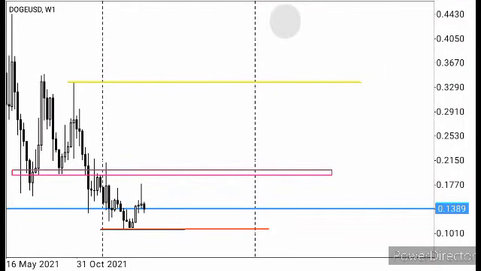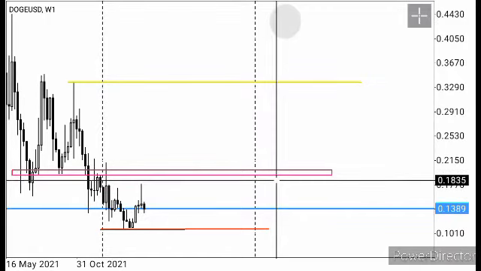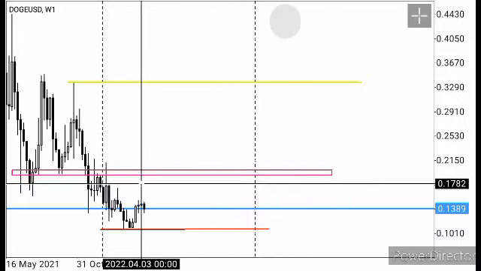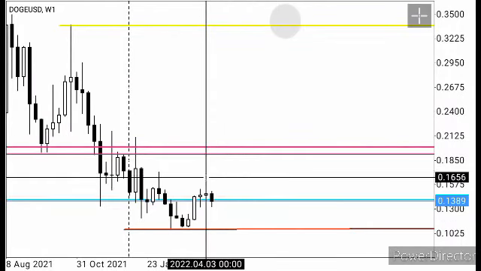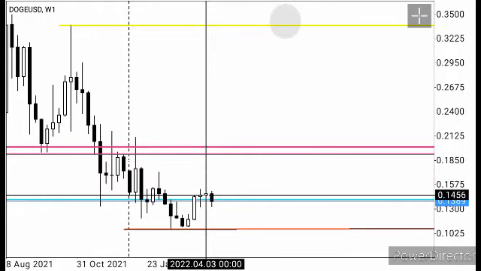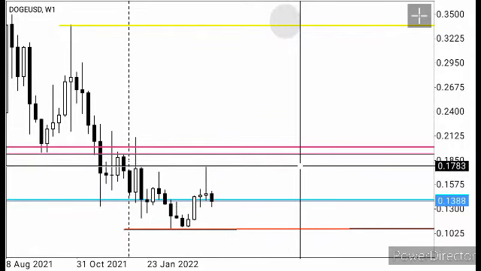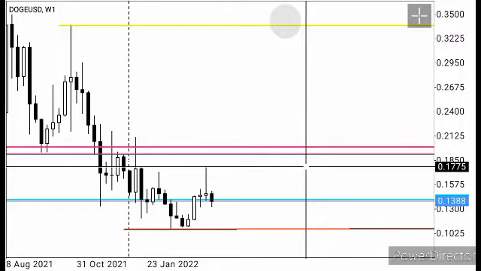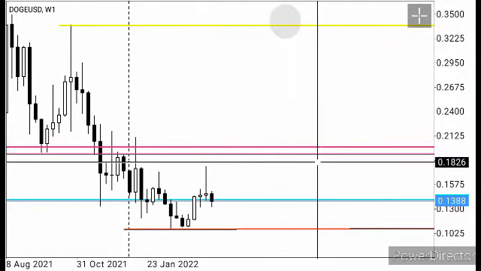Looking at the weekly chart, once again, I can see that we have another area of interest over here. Let me just enlarge it a bit. This particular candle here is also a bullish candle with a small body and a long upper wick, which also tells us that we have liquidity that needs to be grabbed over here at this level by the market.